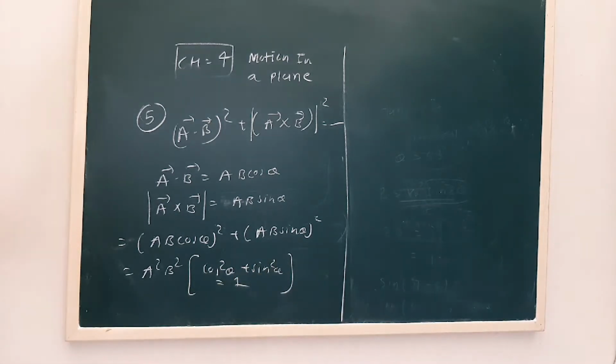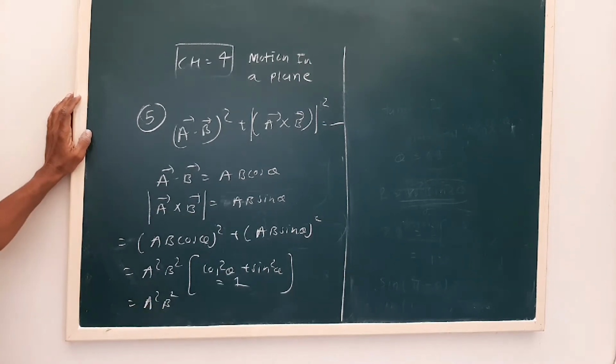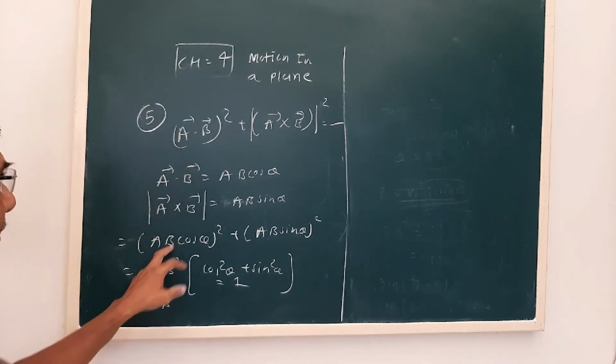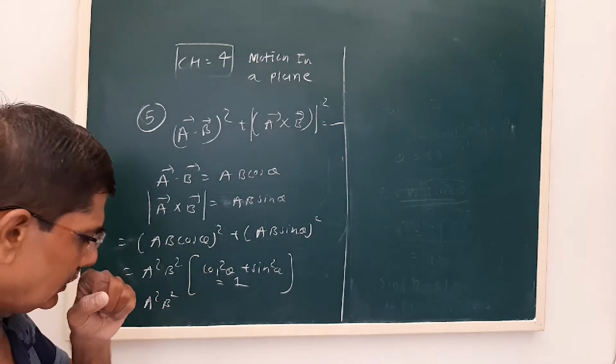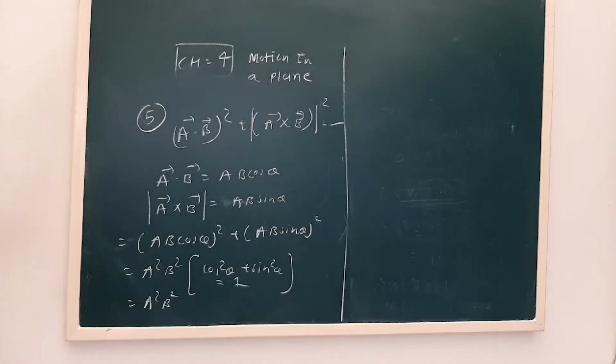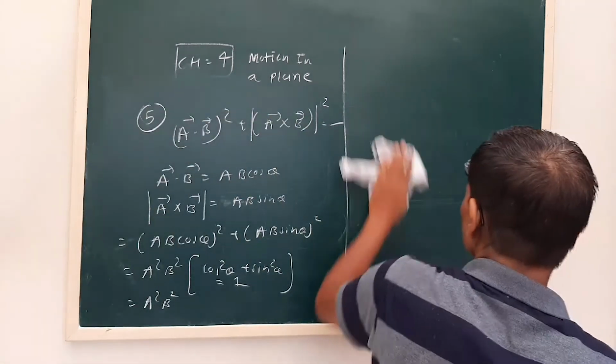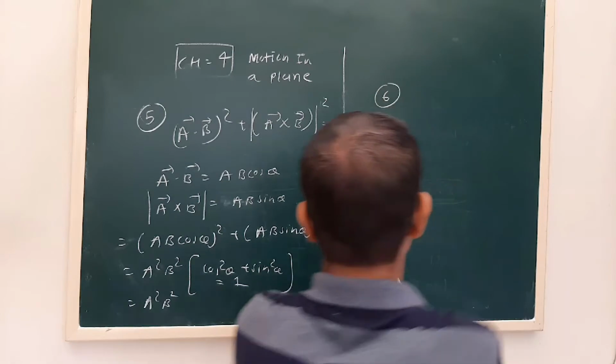Now cos square plus sin square is 1, so the answer will be A square B square. This is how A dot B whole square plus A cross B whole square value will be A square B square. Now see our MCQ number 6.